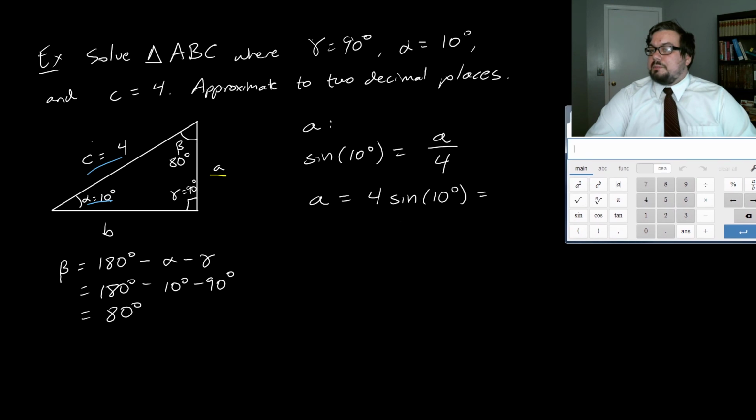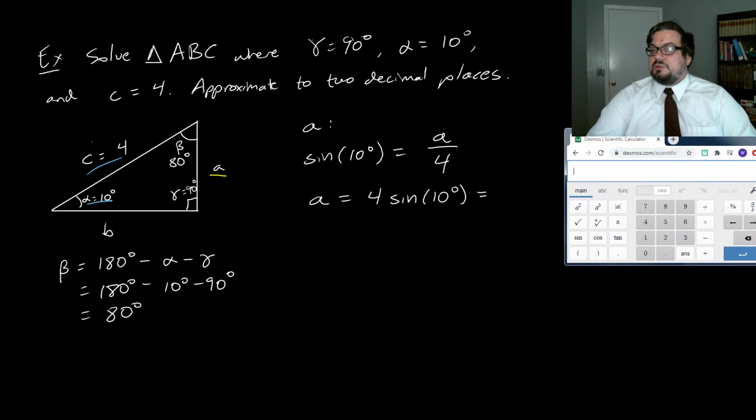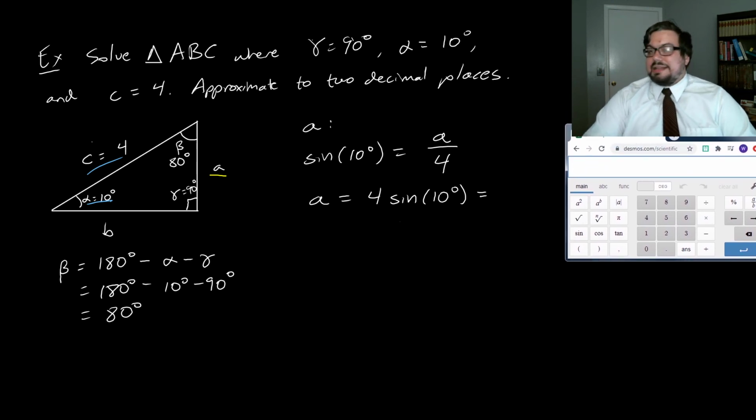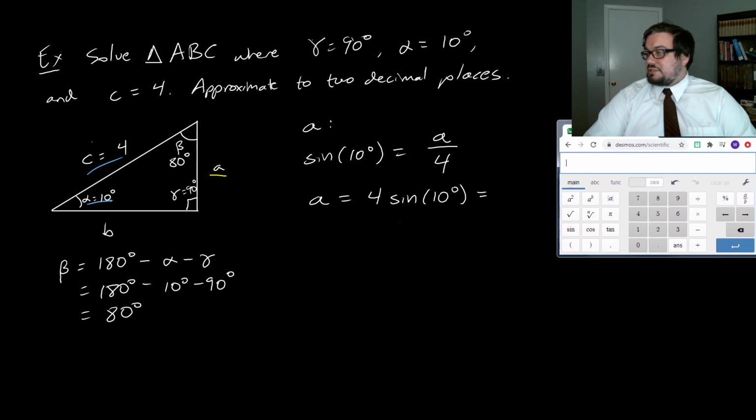As always, make sure that your calculator is in the correct mode. You'll be able to switch between degrees and radians. In this case, I'm working in degrees, so that's what I want to use here. And we can put the entire expression in at once, which is what you want to do. We can go 4 times sine of 10, and because we're in degree mode, that's interpreted as 10 degrees, which is what we want.